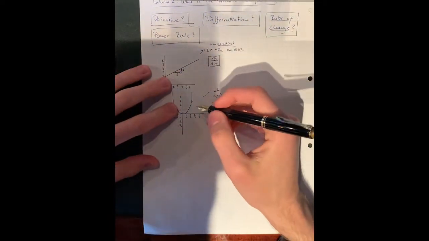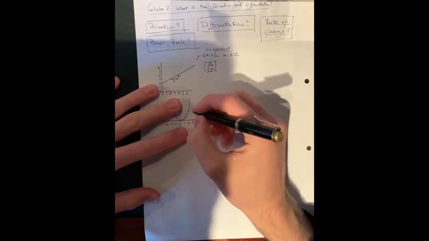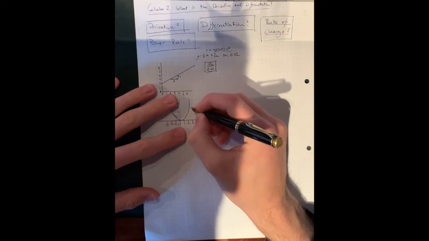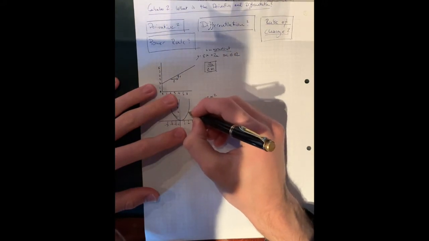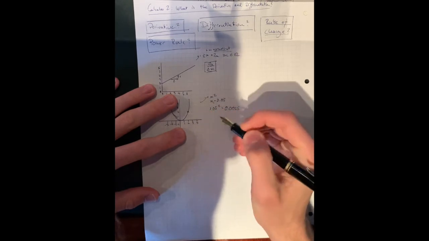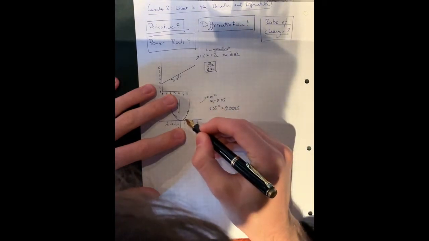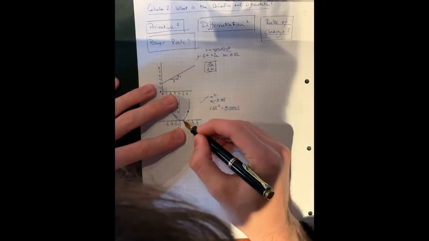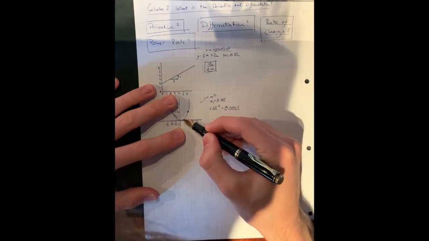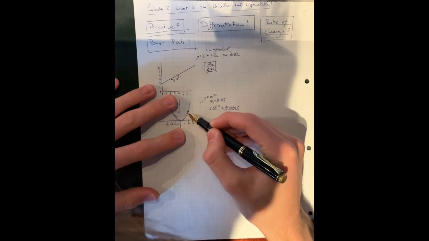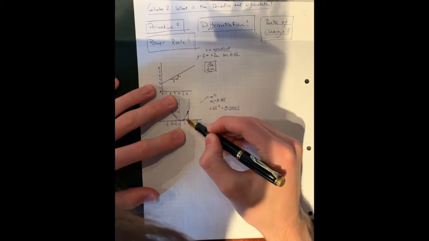If you try and do the same thing here, let's say you pick values 2 and 0.5, right? And you say, okay, rise over run.